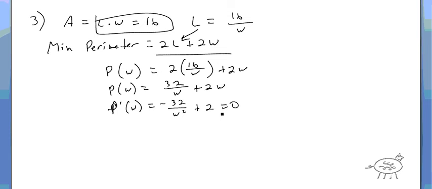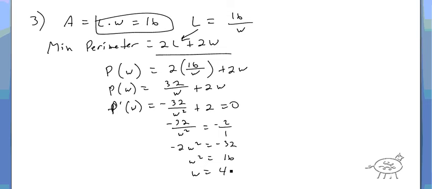All right, and then move things over, so negative 32 over W squared equals negative 2 over 1. You cross multiply, so you get negative 2W squared equals negative 32. So W squared equals 16, so W equals 4. Of course, you don't have to worry about the plus or minus 4 because you can't have a negative width.